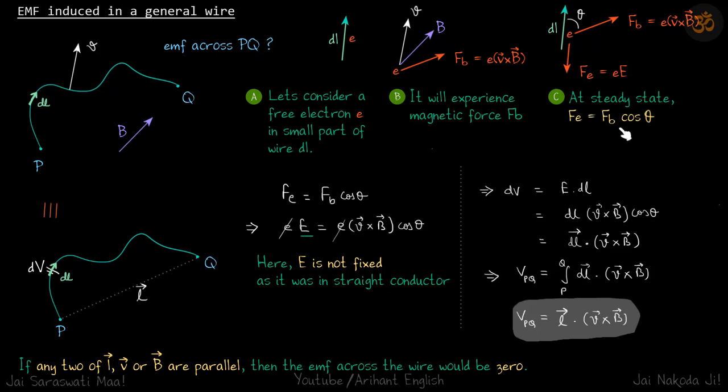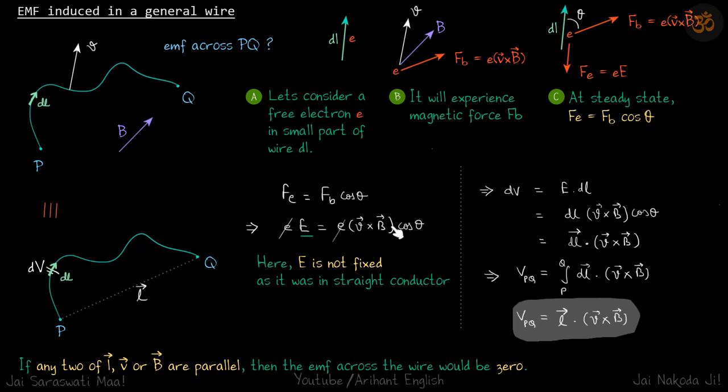So we'll start from this equation. Fe is equal to Fb cos theta, and Fe is e times E, where E is the electric field at that part of the wire, equal to e into V cross B times cos theta. So e will get cancelled. Here you can see that E is not fixed, it's dependent on theta.